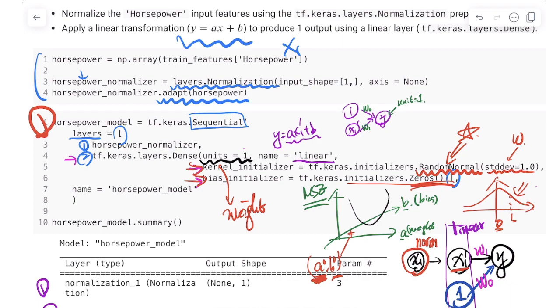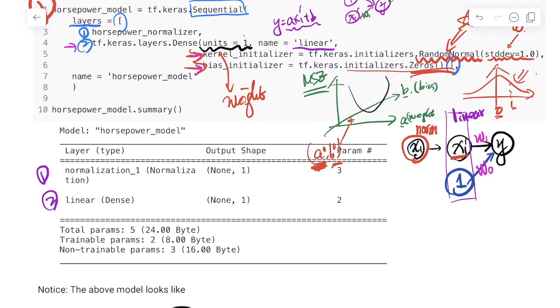After that, when you write your homework or assignment, you simply use this function, summary, to print all the structure information of your design. It says it has 2 different layers. The first layer is normalization.